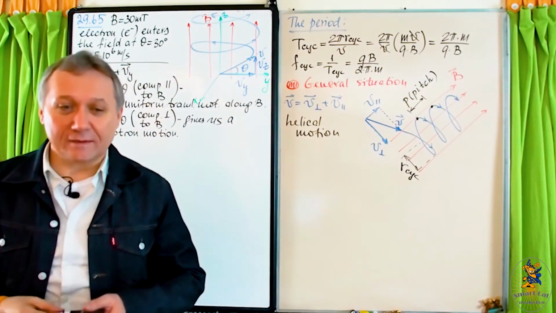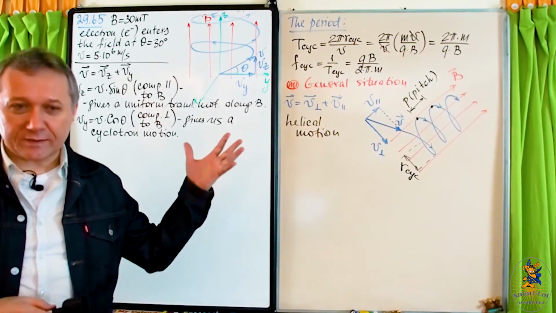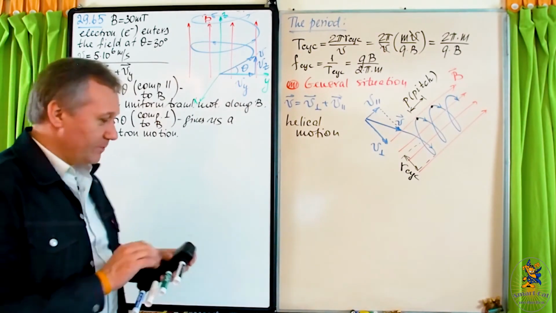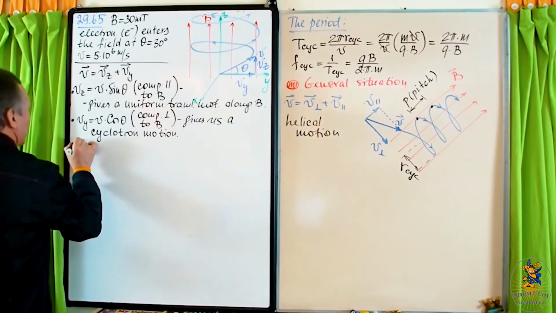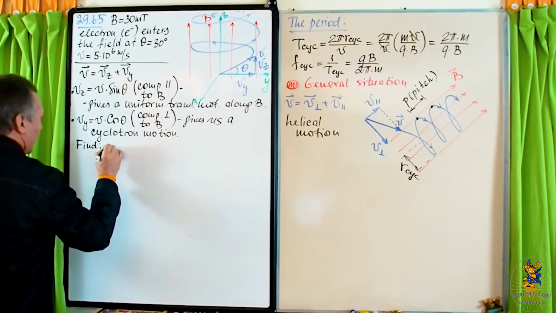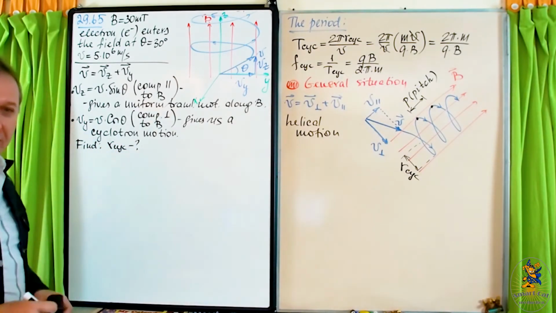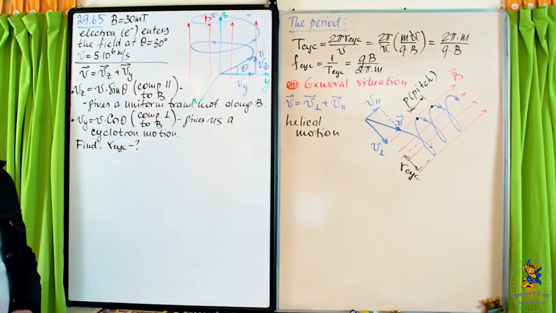Right? And now we can write what needs to be found. First, we need to find the cyclotron radius. Okay, so now what needs to be found? R cyclotron, because of this perpendicular component, we're going to have cyclotron motion.